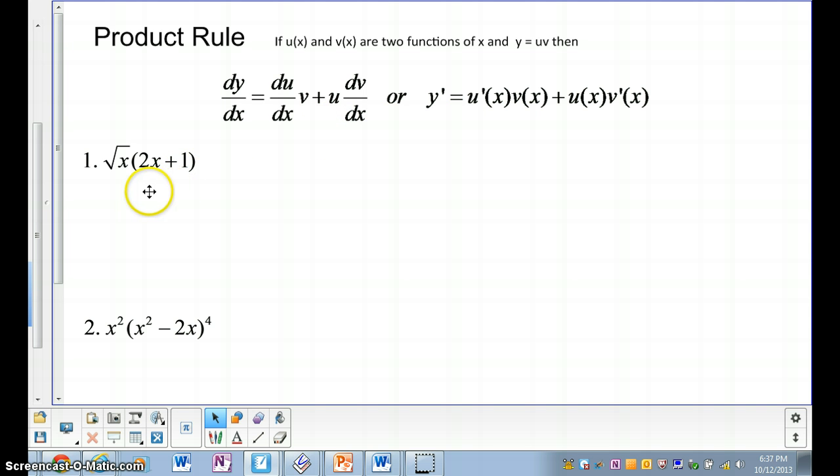So let's take a look at our number one problem. Our y is the square root of x times 2x plus 1. To find the derivative of y with respect to x, we're going to lay out what our u of x is and our v of x are, and take the derivative of those two. Then we will plug into this formula.